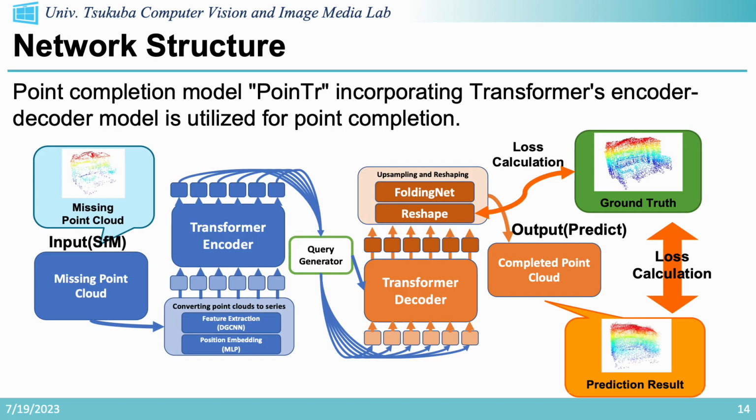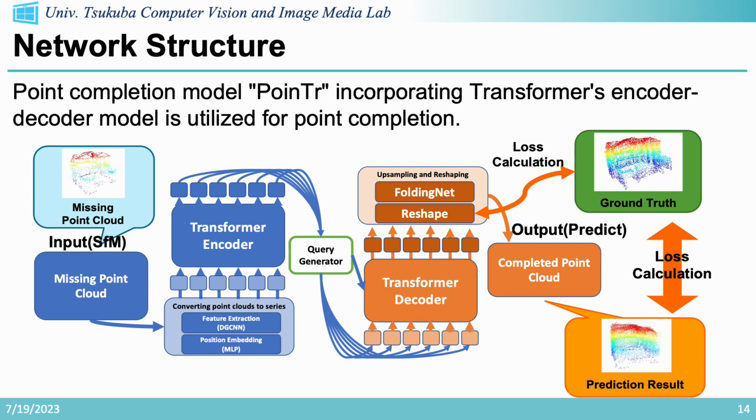Next, I'll talk about the structure of the point completion network. As mentioned in the introduction, we use a self-attention mechanism for the network. We utilize a method called PoinTr, which employs the transformer architecture. The network takes a missing point cloud as input, acquires local features using DGCNN, adds positional information to each feature using an MLP, and converts the point cloud into feature sequence data.